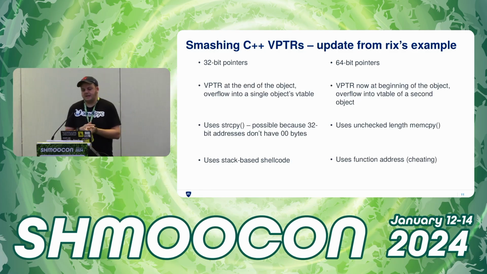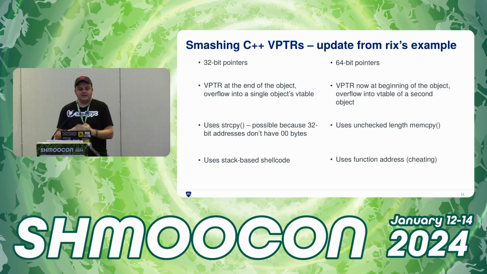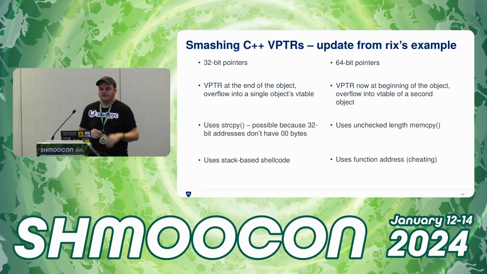Things I had to update from Rick's example. In 2000, we were using 32-bit pointers, and now we're on 64-bit architectures, so we had to update to 64-bit pointers. GCC moved where the v pointer was. It used to be at the bottom and GCC put it at the top.